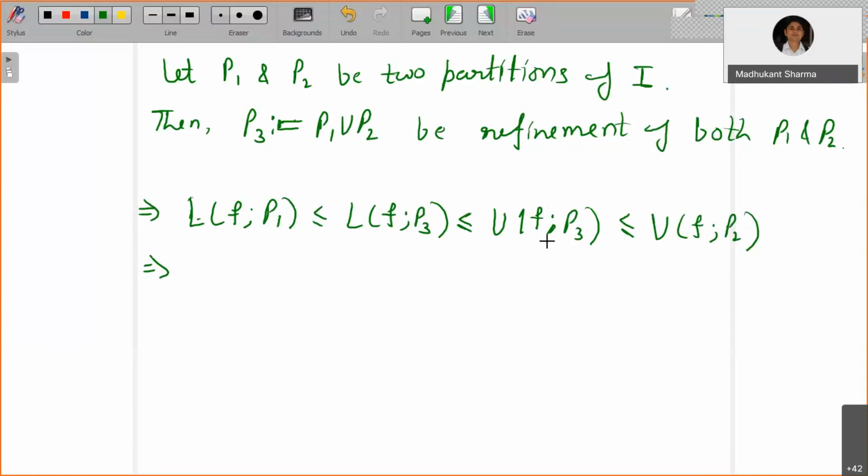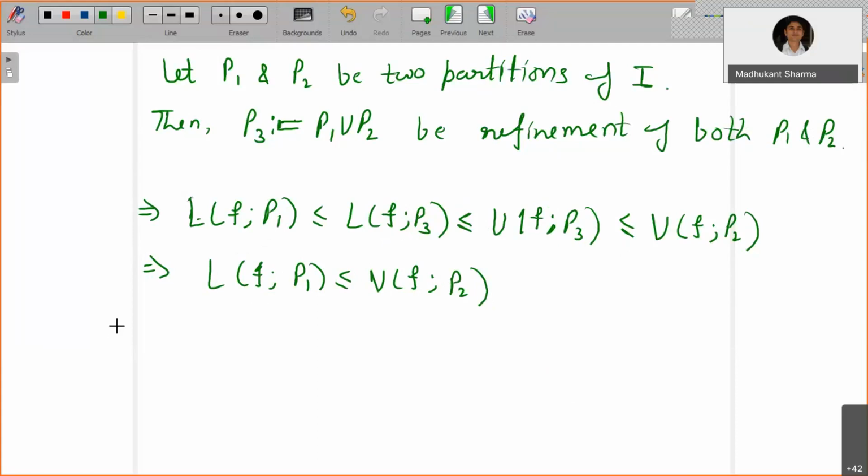But we want this irrespective of any partition. So LFP1 is always less than or equal to UFP2 for any two partitions of I. So this implies that UFP2 is always an upper bound for LFP1.